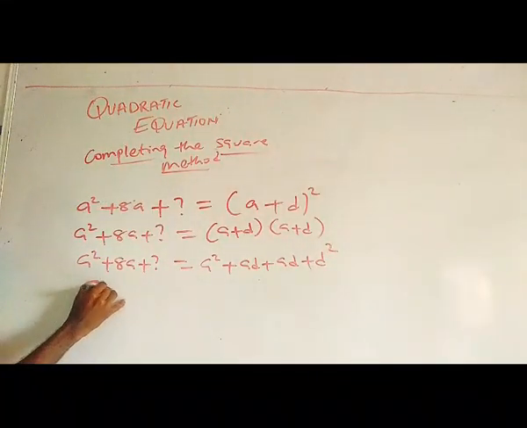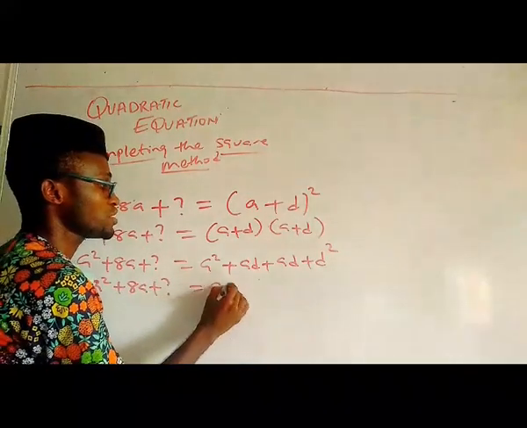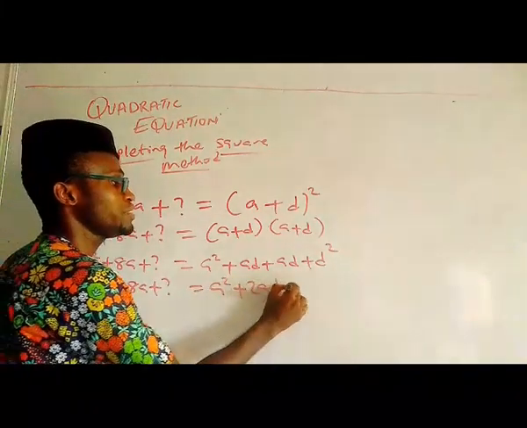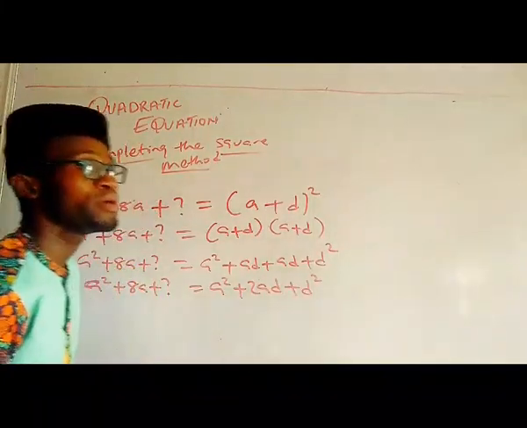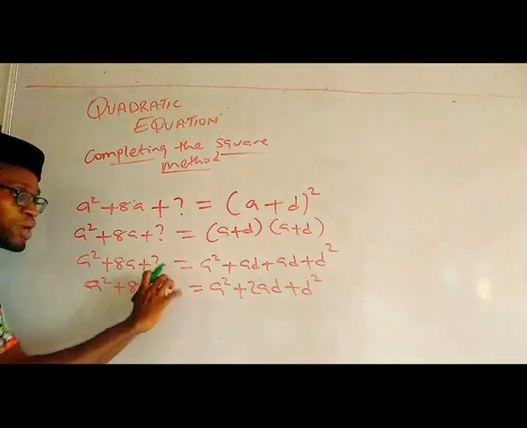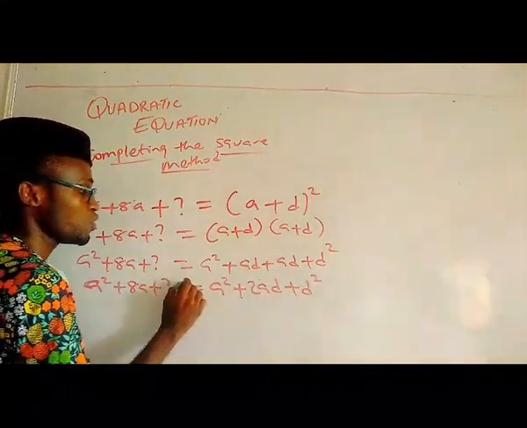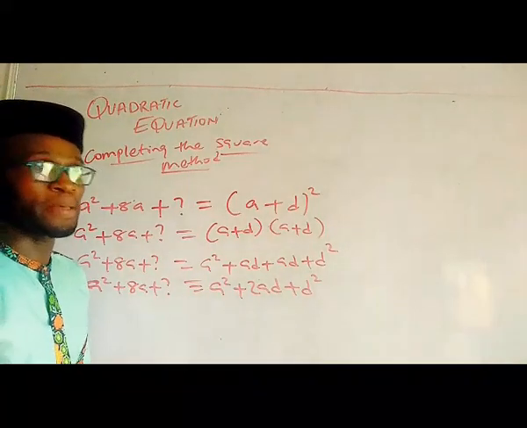So A squared plus 8A plus question mark is A squared plus 2AD plus D squared. What we are simply saying is, what are we going to add to this so that this equation and this equation become the same.